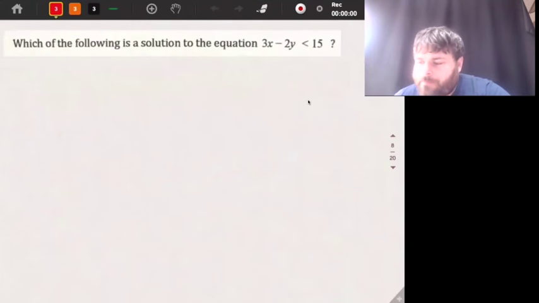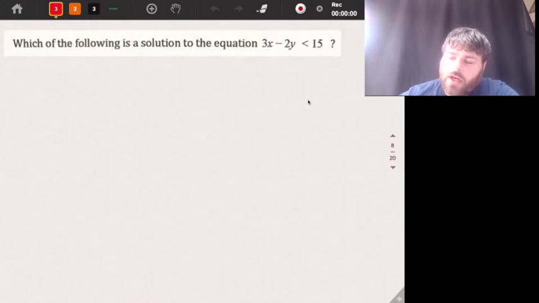All right, next problem. Which of the following is a solution to the inequality 3x minus 2y is less than 15? All right, so we've got some different choices there, okay? So why don't we just try plugging those in, right? If it's a solution, when I plug it in, it should work, right? So let's try the first choice. 3, -2, okay?